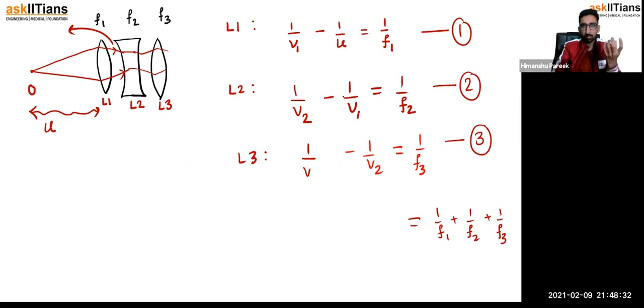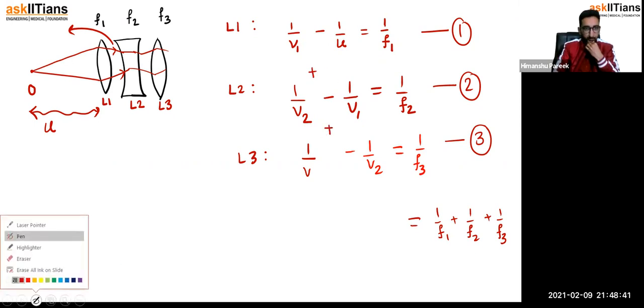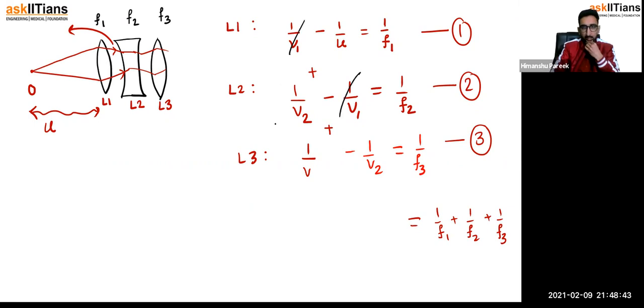And let's look at the left hand side. See, 1 by V1, I have to add this, and the moment I add this, it cancels. This will also get cancelled. So in the end, I'll be getting 1 by V minus 1 by U. That is the only thing we'll be left with.